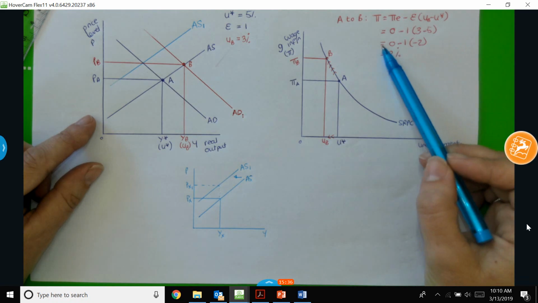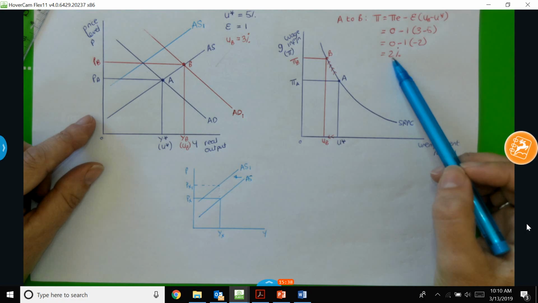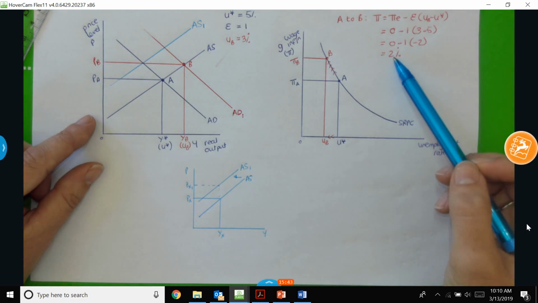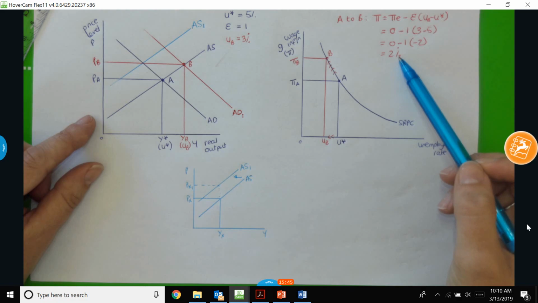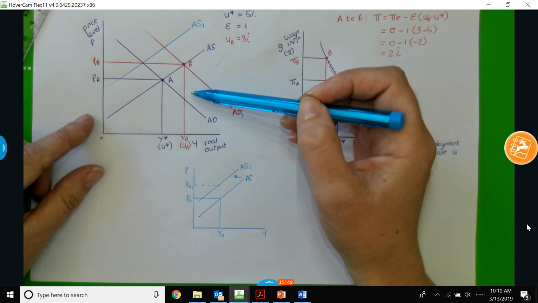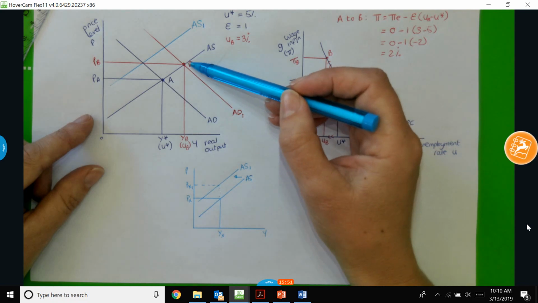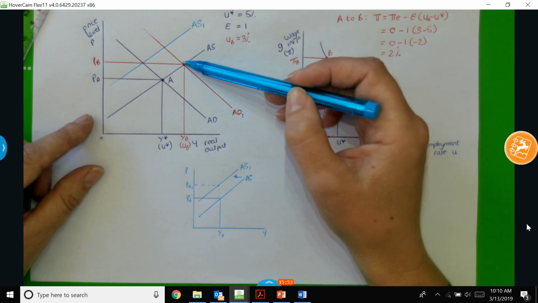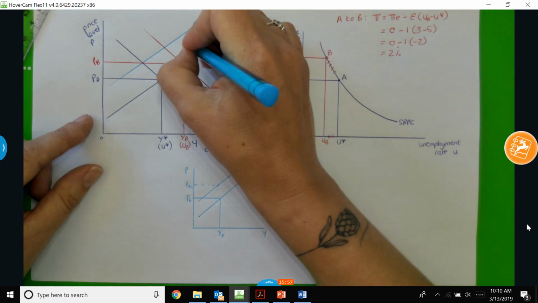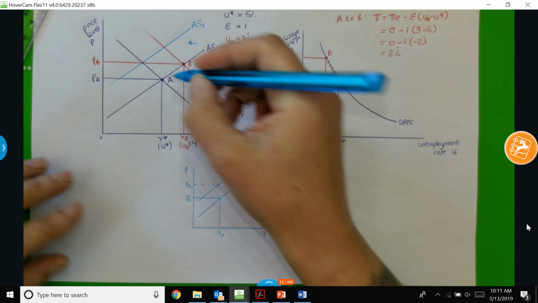And they would want a wage increase to at least cover this inflationary expectation so that the purchasing power of salaries doesn't fall. So we show this bargaining that takes place between employers and employees and the outcomes of that wage bargaining pushing firms' costs of production up as a leftward or upward shift of the aggregate supply curve.